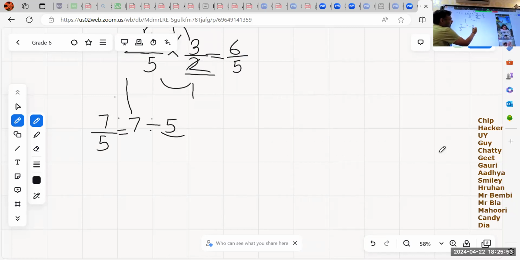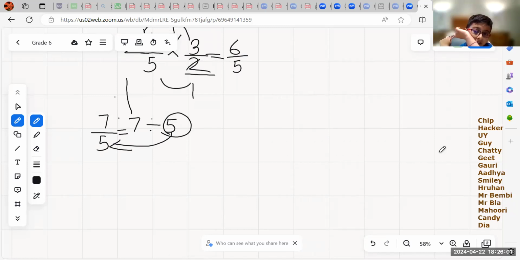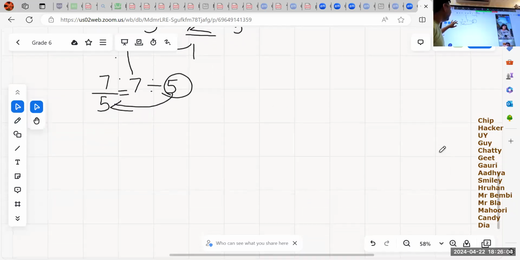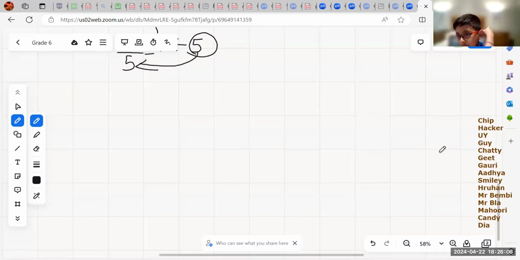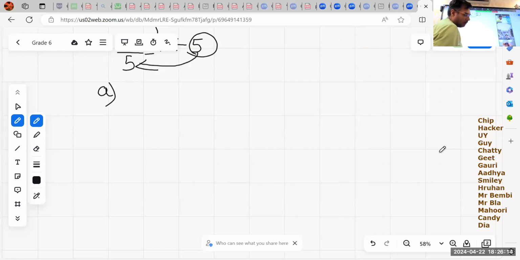So the divisor goes into the denominator, and the dividend remains in the numerator. That is how it works. But sir, still, how does it work? The same way I told you.